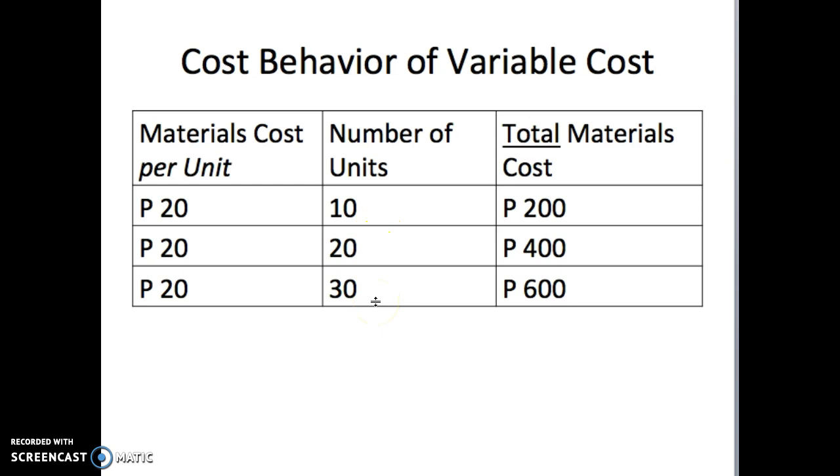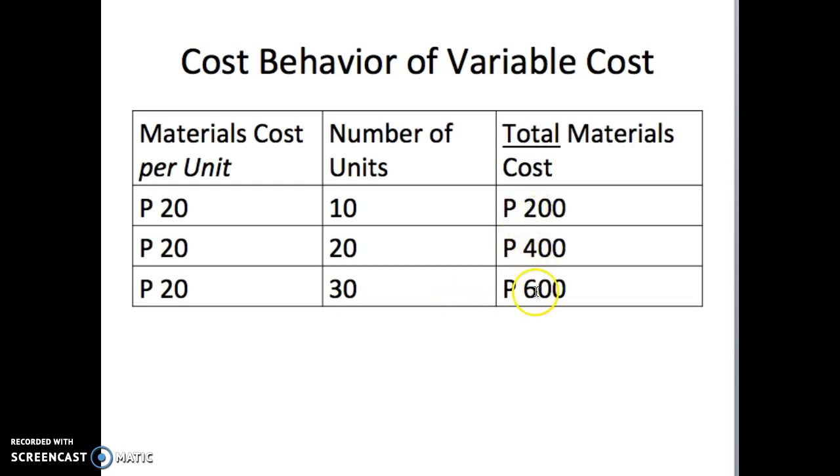So in this case, if let's say we need to make 10 toy cars, then the total variable cost will just be 200. But if we make 30 toy cars, then we need to shell out 600 pesos for the total variable cost.